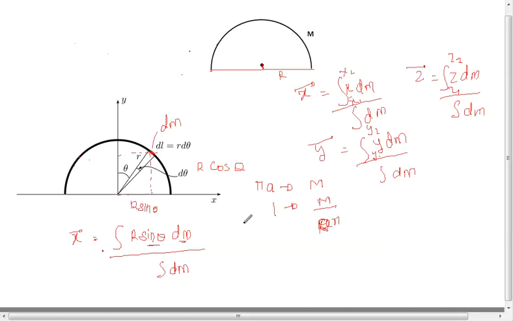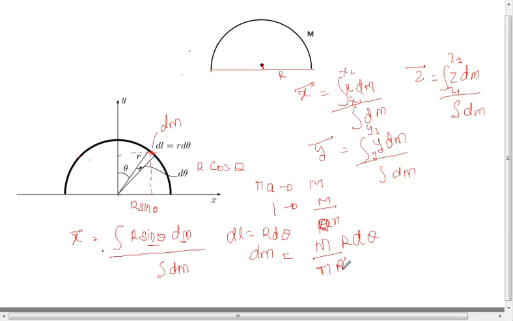Forgive me. So what is this length dl? I can write dl is equal to r d theta. So this dm, the mass of dl, will be m by pi r d theta.